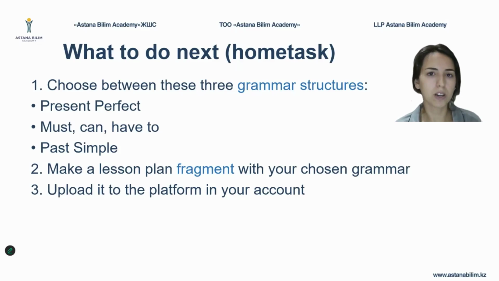So three grammar structures: present perfect, past simple, or modal verbs must, can, have to. Choose one, for example, present perfect, or must, can, have to together, or past simple.